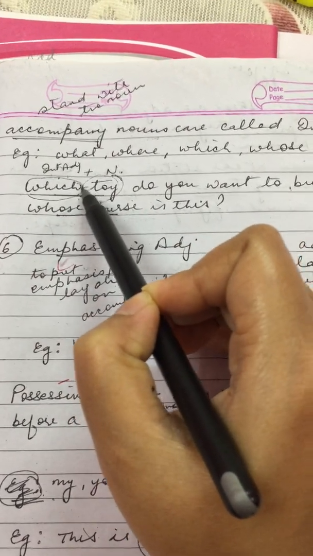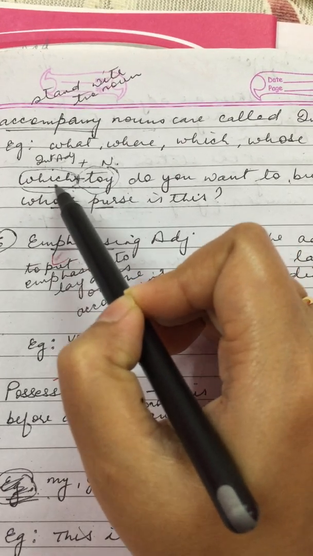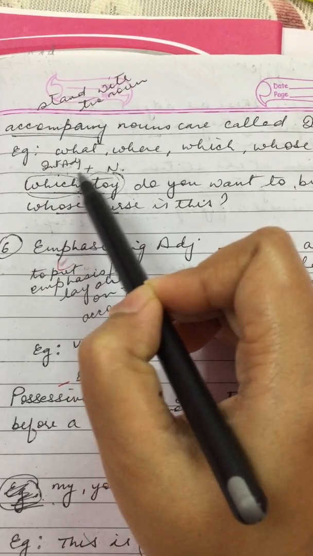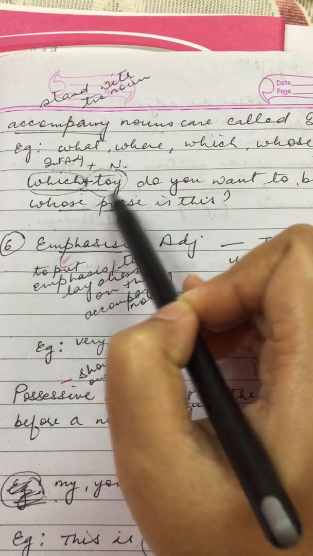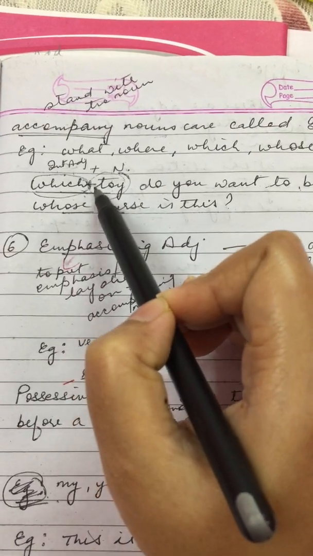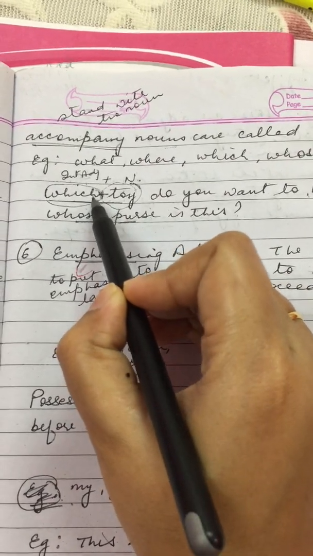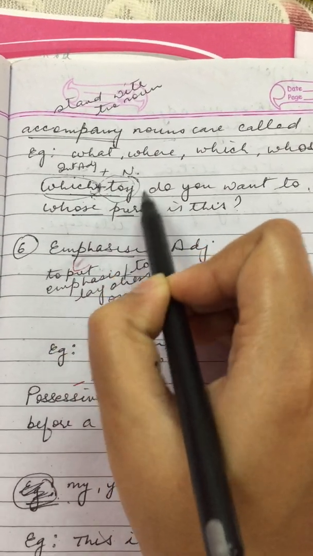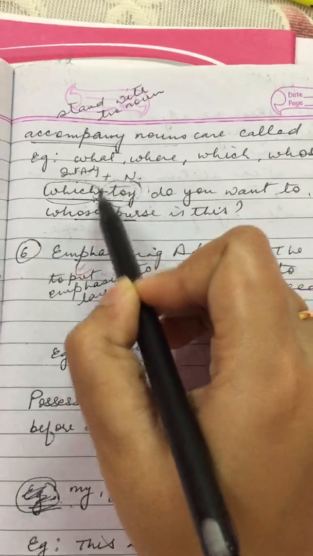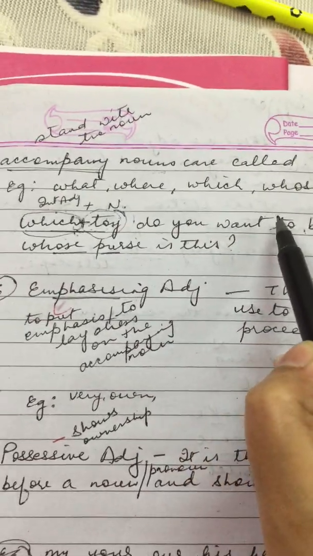It is a combination, okay? It is accompanying, it is standing with the noun. It is written just beside a noun. When this interrogative word is written beside a noun, it is modifying a noun, it becomes an interrogative adjective. Which toy do you want to buy?